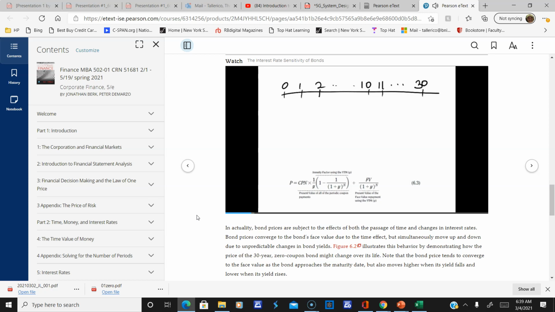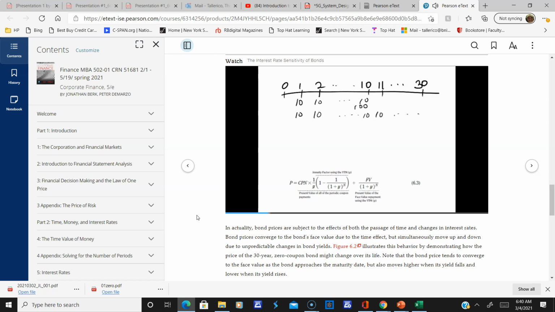So let's think about the cash flows from these bonds. So we have per $100 in par value, each one is going to pay $10 a year in coupon payments, and then at maturity, the 10-year bond will also pay the $100 in face value. The 30-year bond will still pay the $10.